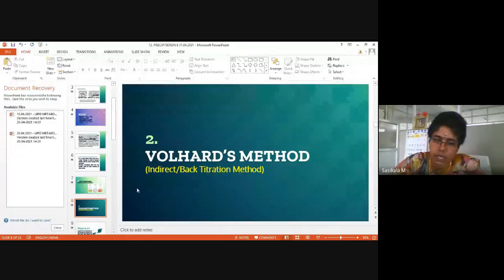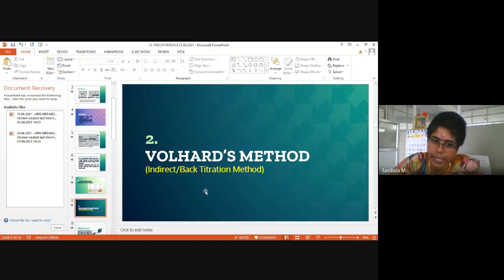So chloride reacts indirectly with the silver, and the excess silver is reacted with another titrant. When we titrate the excess of the known concentration with another known concentrated solution, it is called back titration. So Volhart's method is an example of back titration.